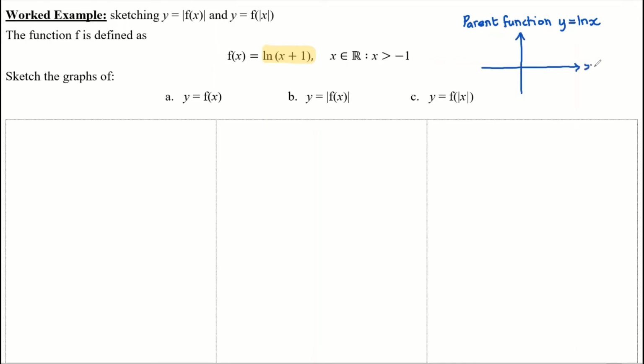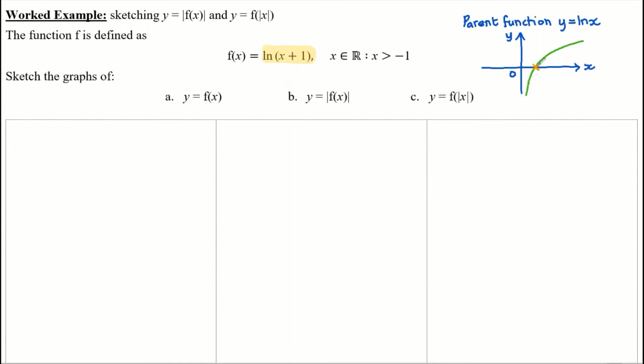So x there, y there, and the graph simply has an asymptote at x equals 0, and there's no other asymptote. It looks a bit like a square root graph in a sense. It climbs very gradually, but it doesn't converge, and it would cross the x-axis at the point 1.